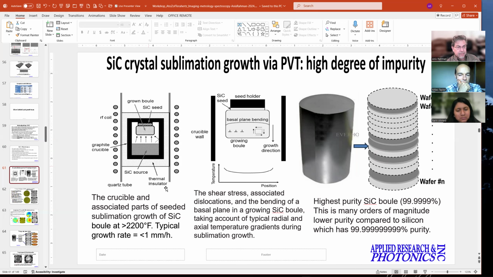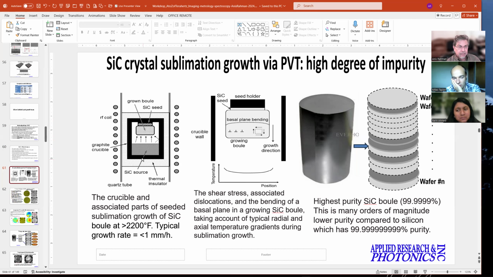The heaters are the induction heater outside that crucible. Because of this arrangement, the heat coils are here, so there is going to be a gradient inside the chamber where the crystal is growing.